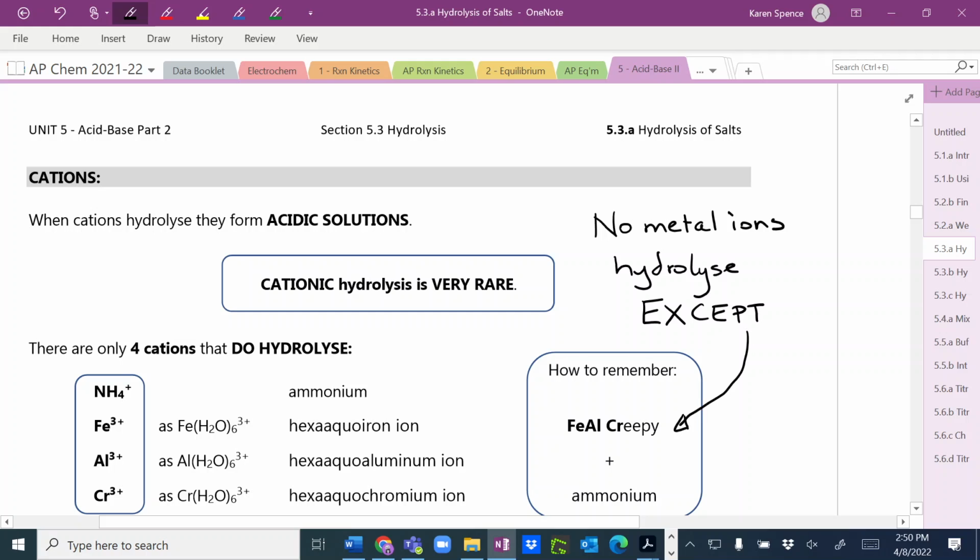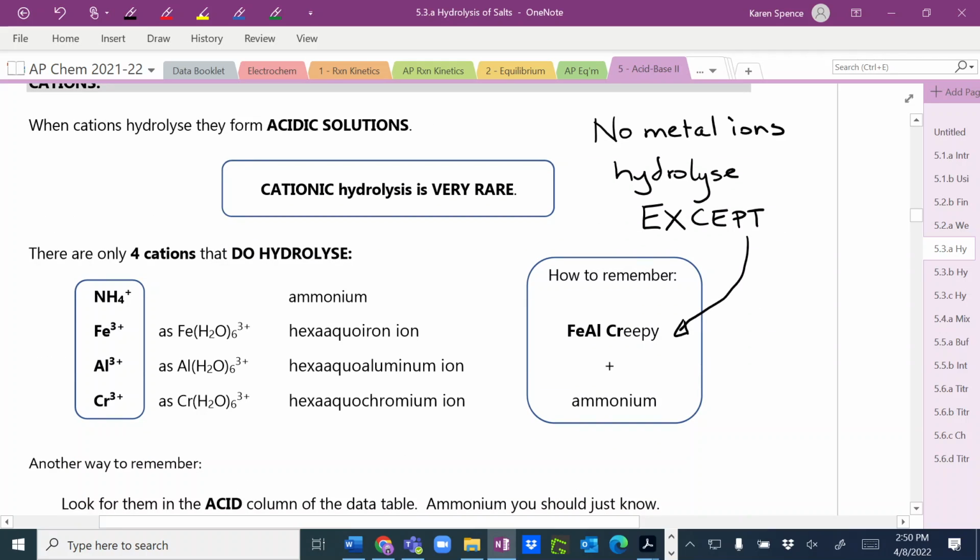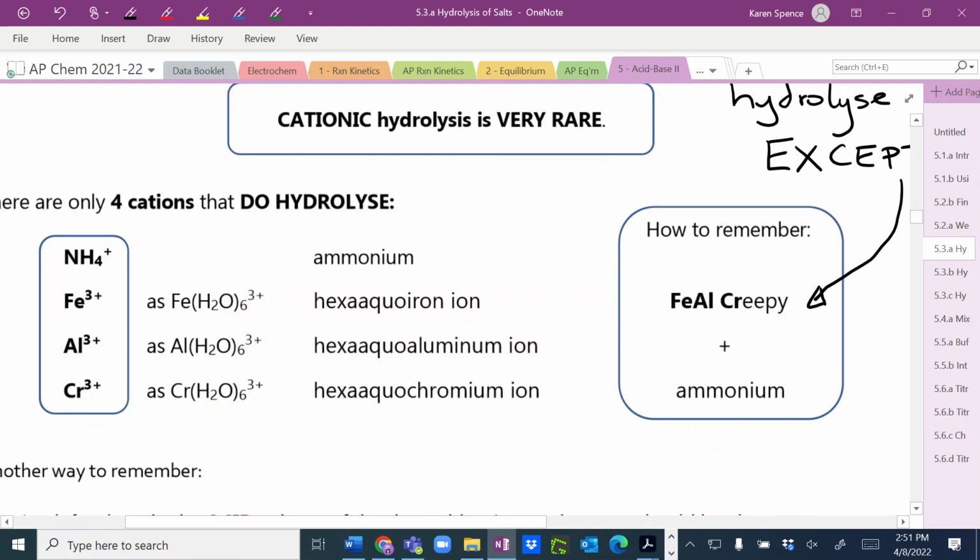FeAlCr, Feal creepy, okay? And there is one other that hydrolyzes, and you just need to remember it, but it's kind of memorable because it's our only positive polyatomic ion that's not hydronium. So it is ammonium, okay? So those are the 4 cations that hydrolyze, otherwise cations do not hydrolyze, okay?